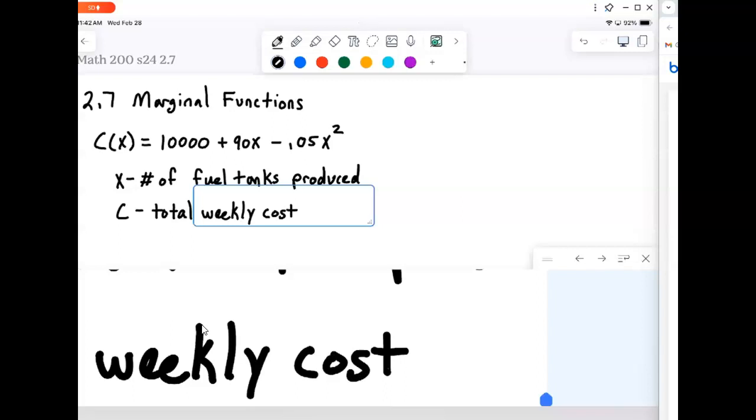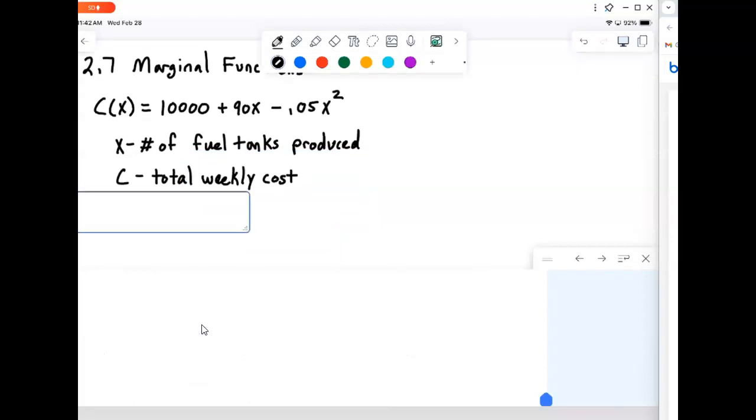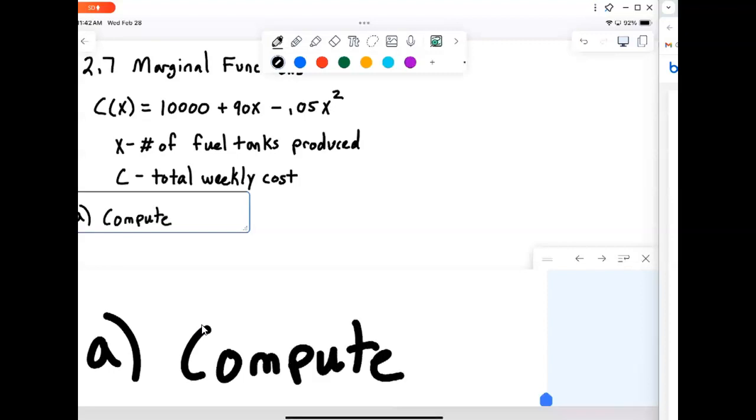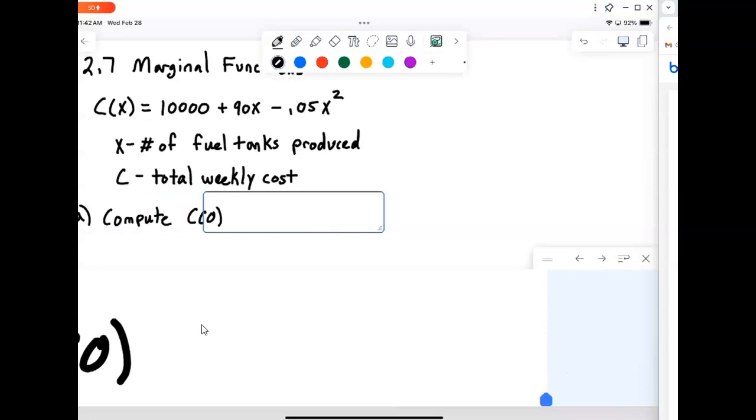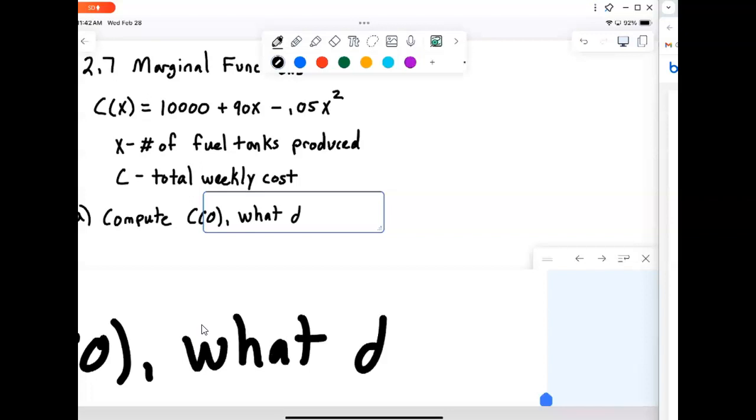Now, a couple of observations here. Well, we're going to answer a simple question first, because we want to understand something here. Let's compute C of 0, and we want to know, what does this tell us?